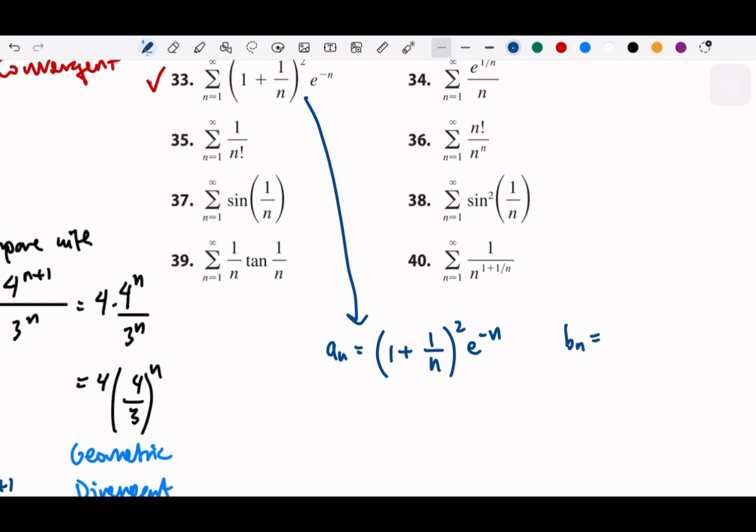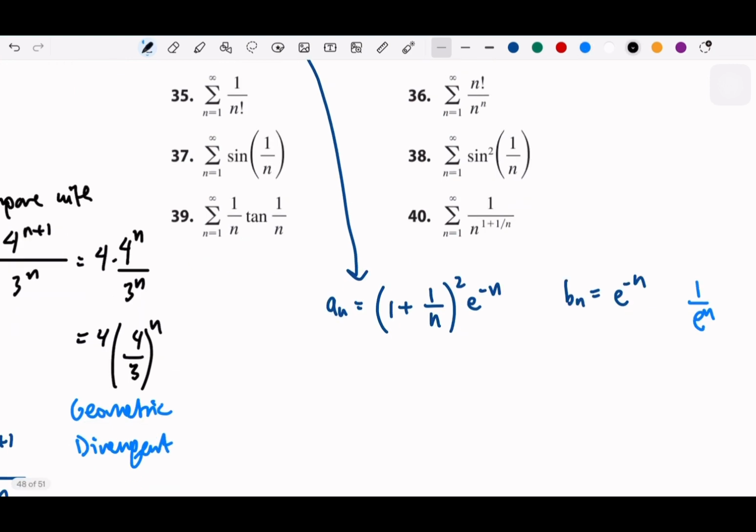I will choose bn so that it could work with the limit comparison test. So I would choose bn as the e power of negative n. Okay. This is also a ratio, right? Or geometric, right? Geometric. So we could see that this is actually, or maybe just write this, it's multiplication of 1 over e, which is geometric.